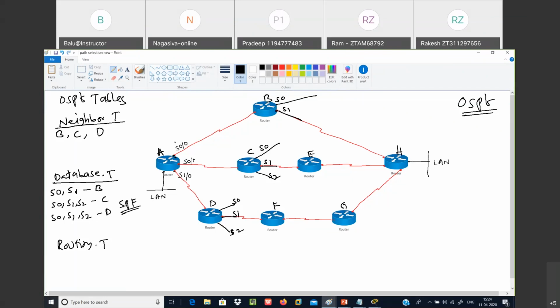By using the SPF algorithm, out of all these paths, I can decide which one path is best. Like A to B, B to S0, S1, or A to C, C to S1, or A to D, D to S1 or S0, any one. So that best path will be shifted to the routing table. The routing table always contains the best path.